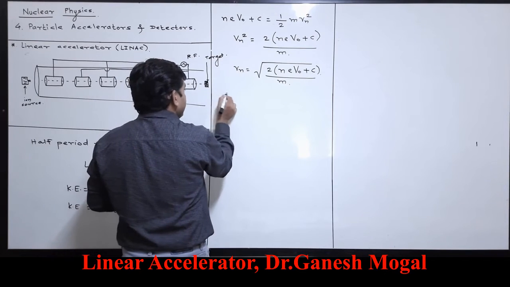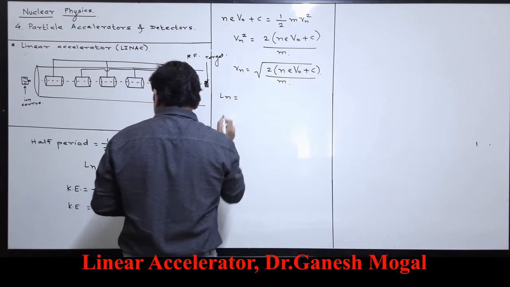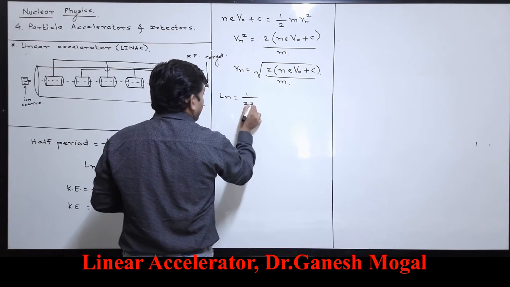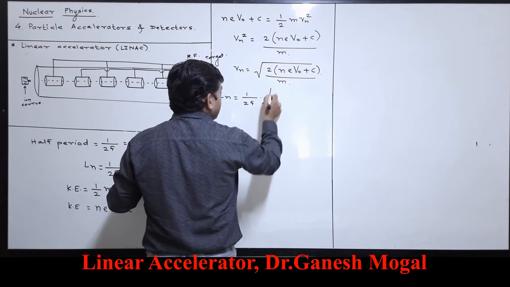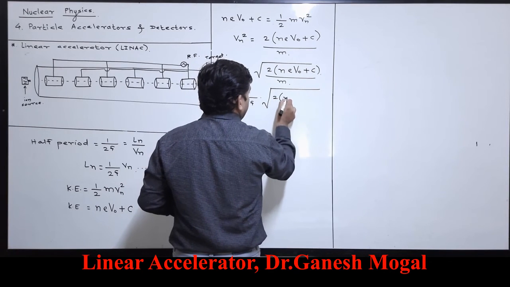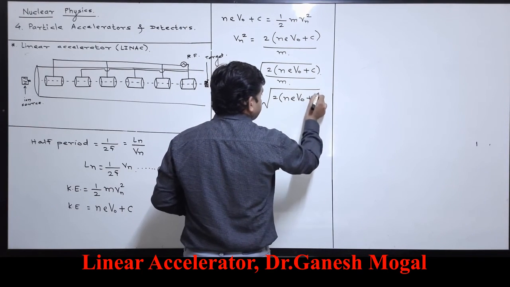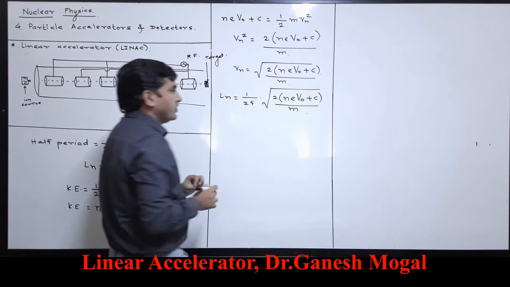Putting this value in equation number 1, we get ln is equal to 1 upon twice f, times the value of Vn, which is under root of 2 n E V0 plus C divided by m.